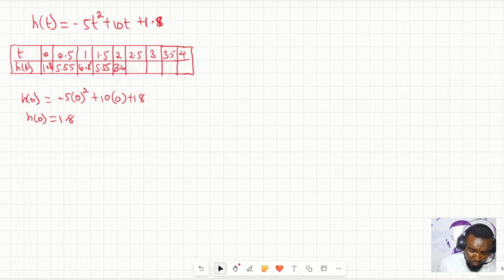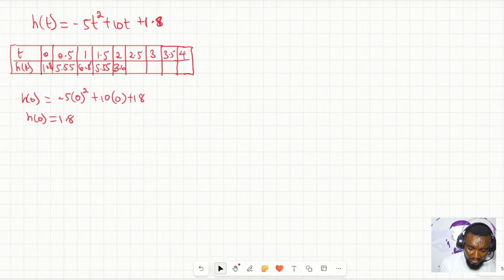So we are going to go to 2.5. We use 2.5 here, all squared plus 10 multiplying 2.5, plus 1.8 multiplying 2.5.